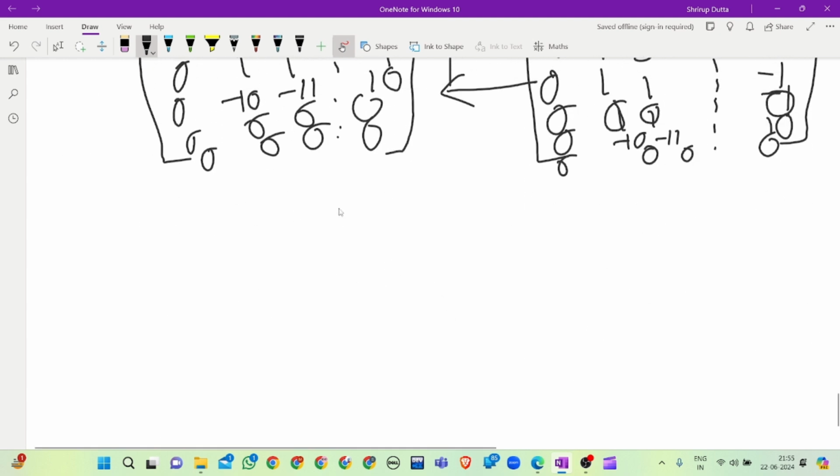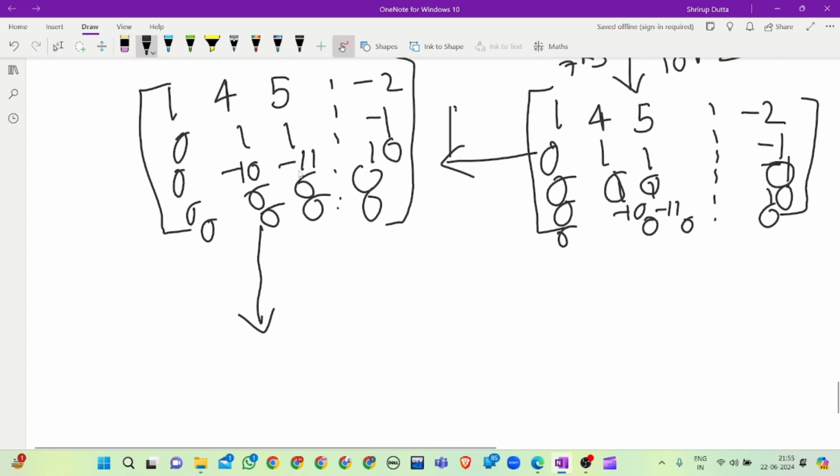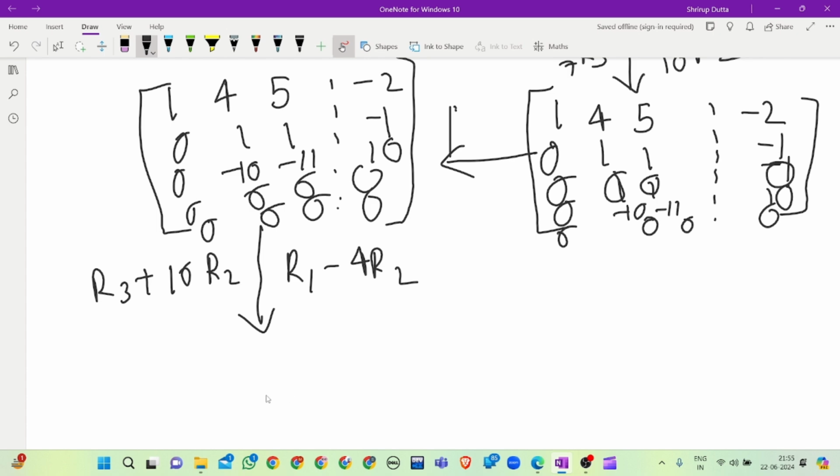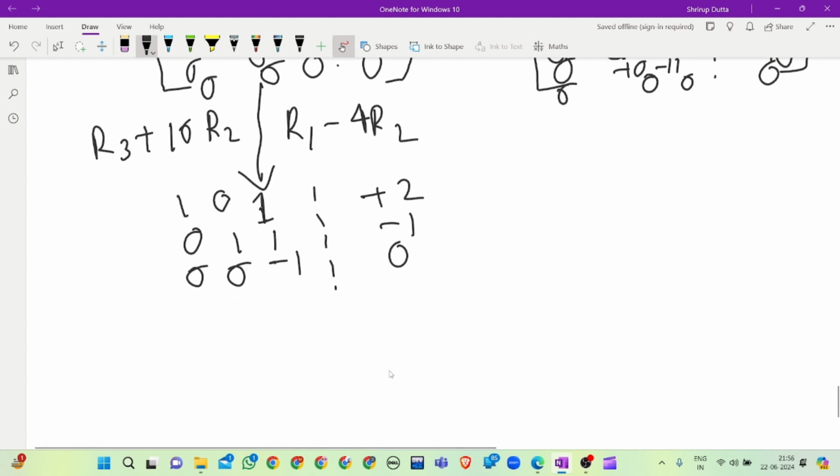So let's do another operation on this. We get R1 minus 4R2 and R3 plus 10R2. After this operation we will get 1, 0, 1, 2 and 0, 1, 1, -1 and 0, 0, -1, 0, and then zeros.